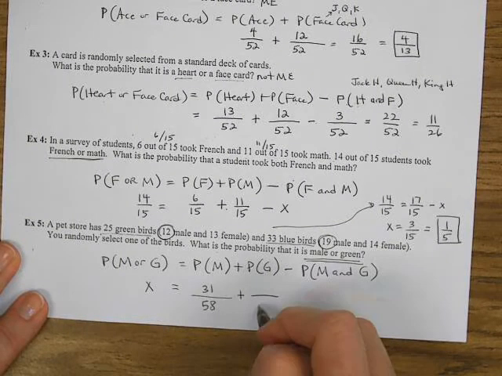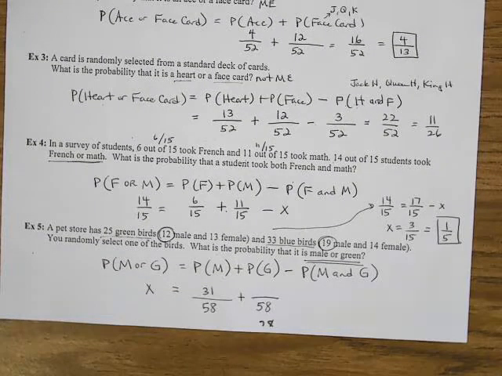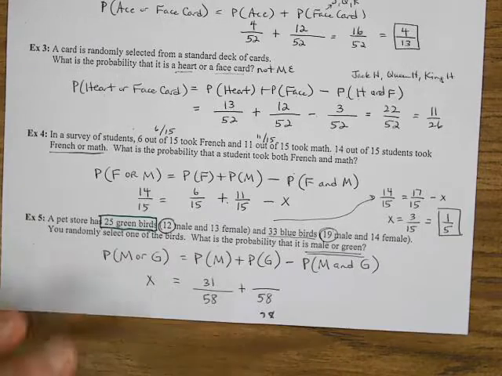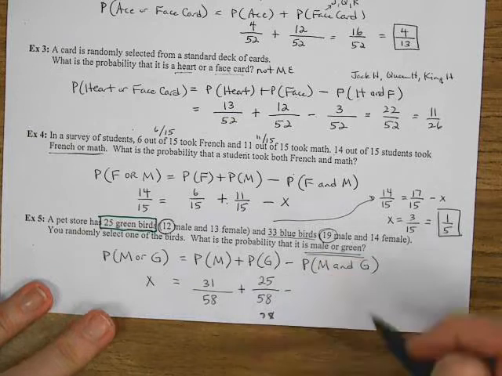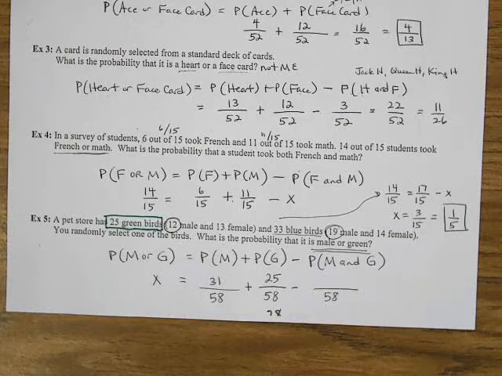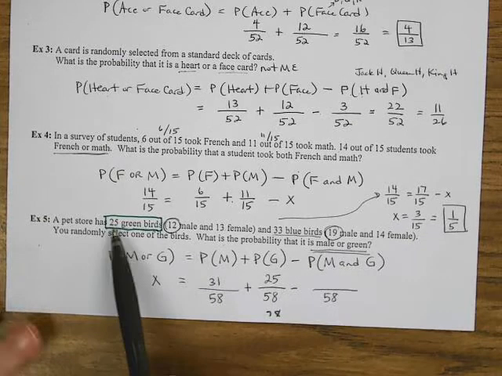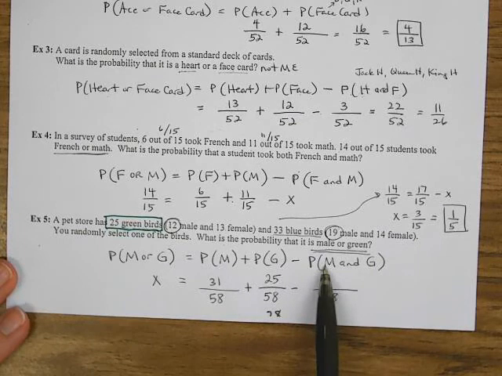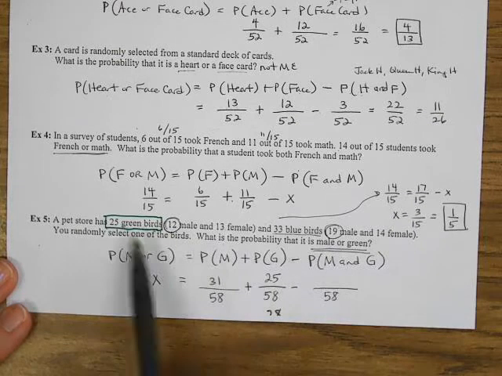Well, my bottom number is still 58. There are still 58 birds. How many of them are green? That's right here, right? It said there are 25 green birds. So let's put 25 up there. Minus, all right, I'm still working out of 58 birds. Of those 58 birds, how many are male and green? So let's look over here. Of the 25 green birds, that's what we're considering here, we only want the male ones, male and green. So of these males, it said 12 were male and green.